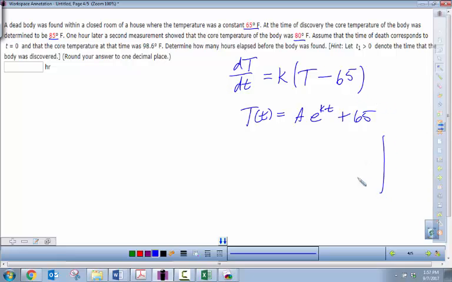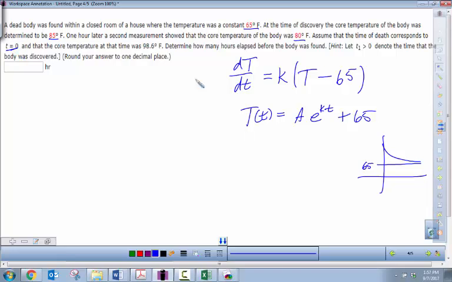So your graph would look something like this, with an asymptote at 65, because that's the temperature of the house. So you can't expect the body to go below that temperature. A is going to be the difference between 98.6 and 65. Think of A as the constant C that we would normally solve for with the initial condition.